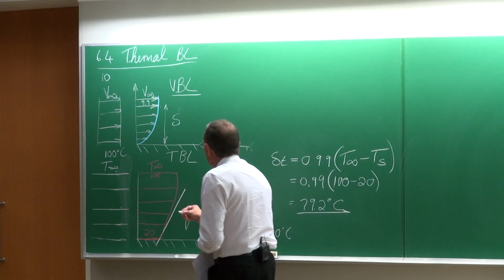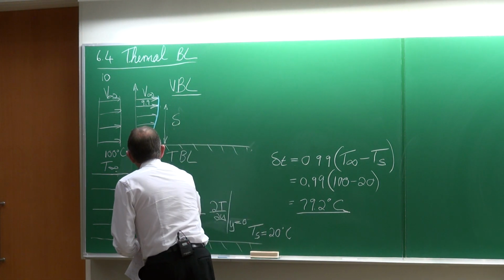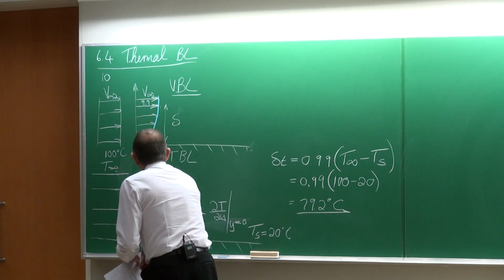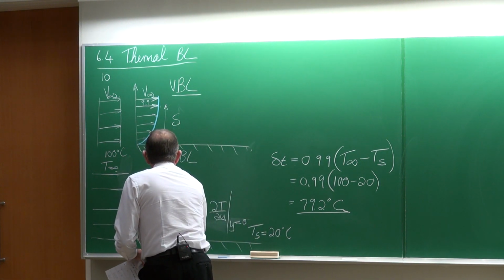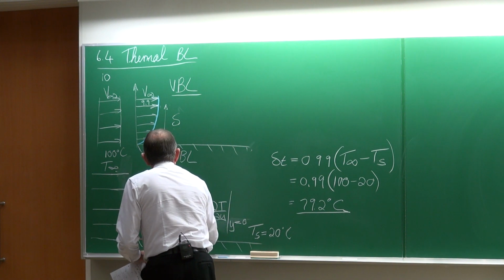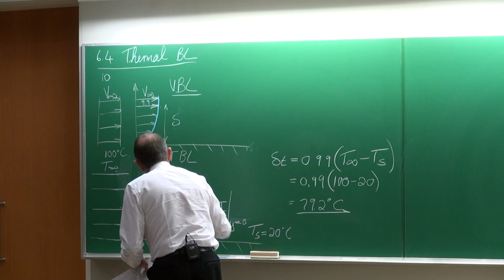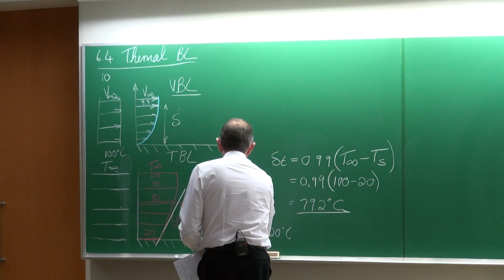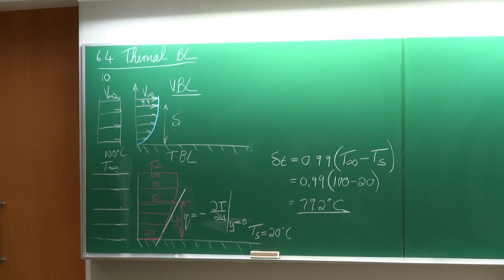Thus, if we go up with the temperatures, and that is maybe equal to 90, and there is 80, so up to 79.2, then that distance will be the thermal boundary layer thickness. I hope you can see the similarity between the two.